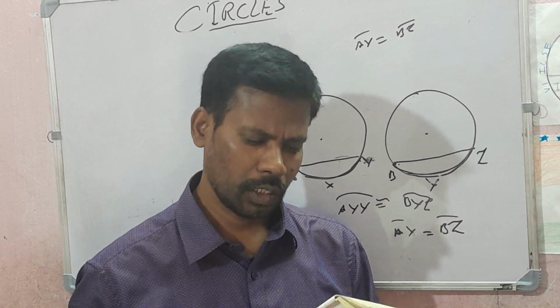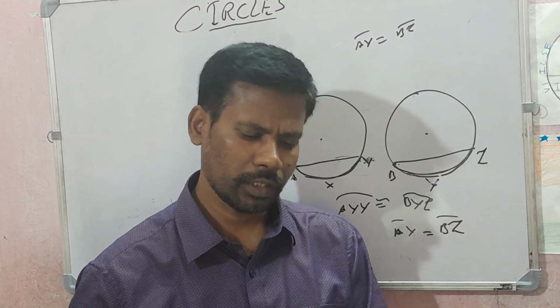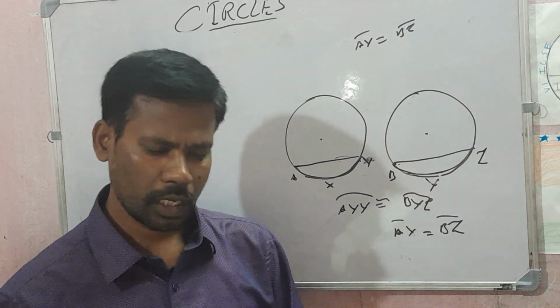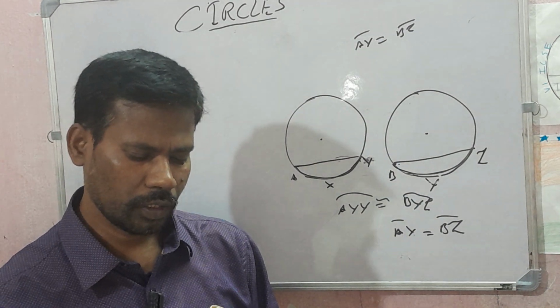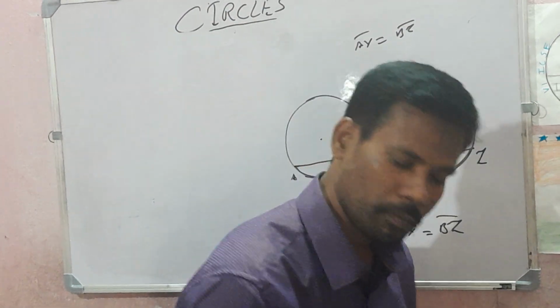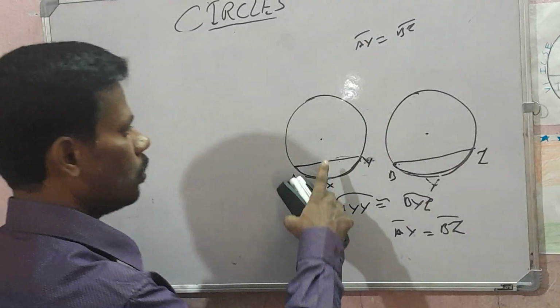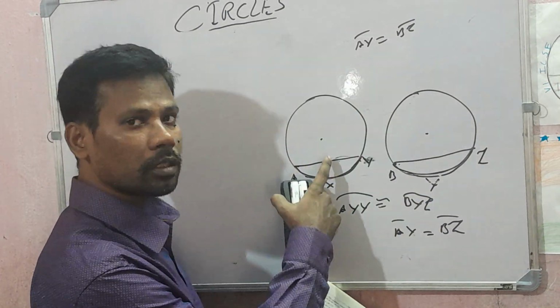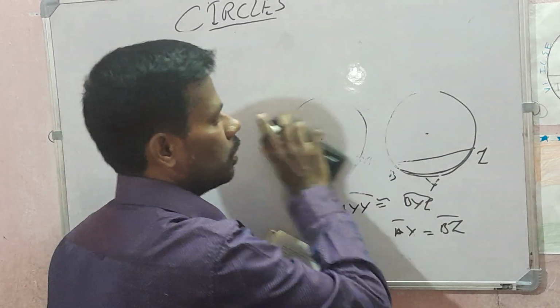Next, the perpendicular from the center to the chord bisects the chord. Very, very important. The perpendicular from the center of the circle to a chord bisects the chord. Is this clear? Arcs and chord relationship, chords and arc relationship.